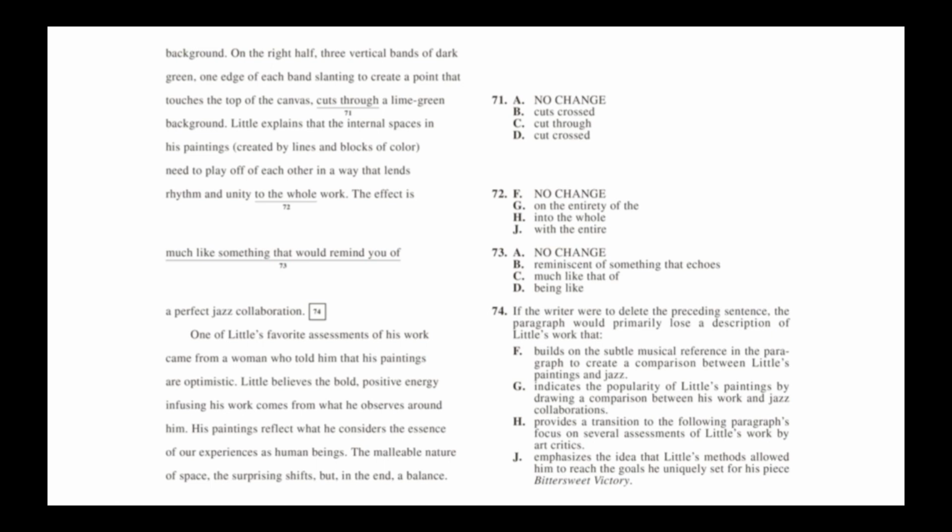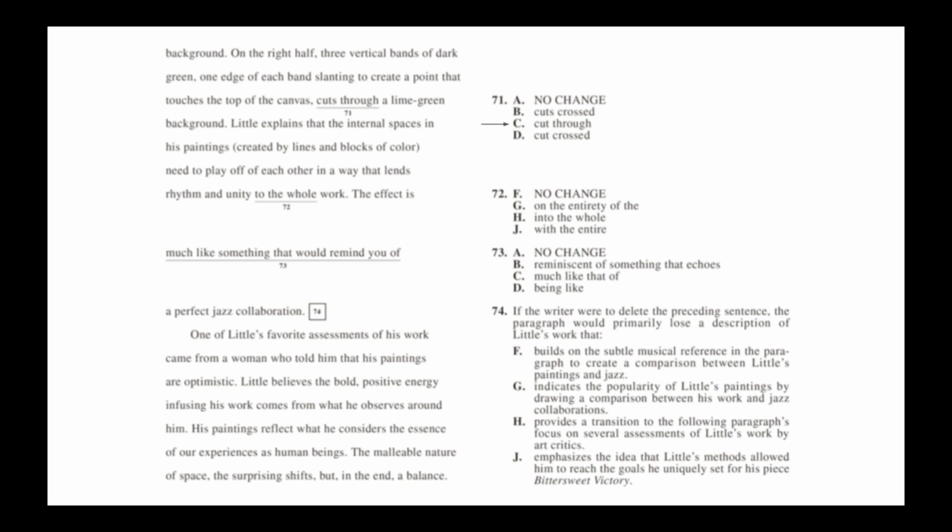If you were to say 3 vertical bands cuts through, that's not grammatically correct. We would have to say 3 vertical bands cut through, because when you're dealing with a plural subject, you would have to say cut instead of cuts. So therefore it would be cut through. On the right half, 3 vertical bands of dark green, one edge of each band slanting to create a point that touches the top of the canvas, cut through a lime green background.